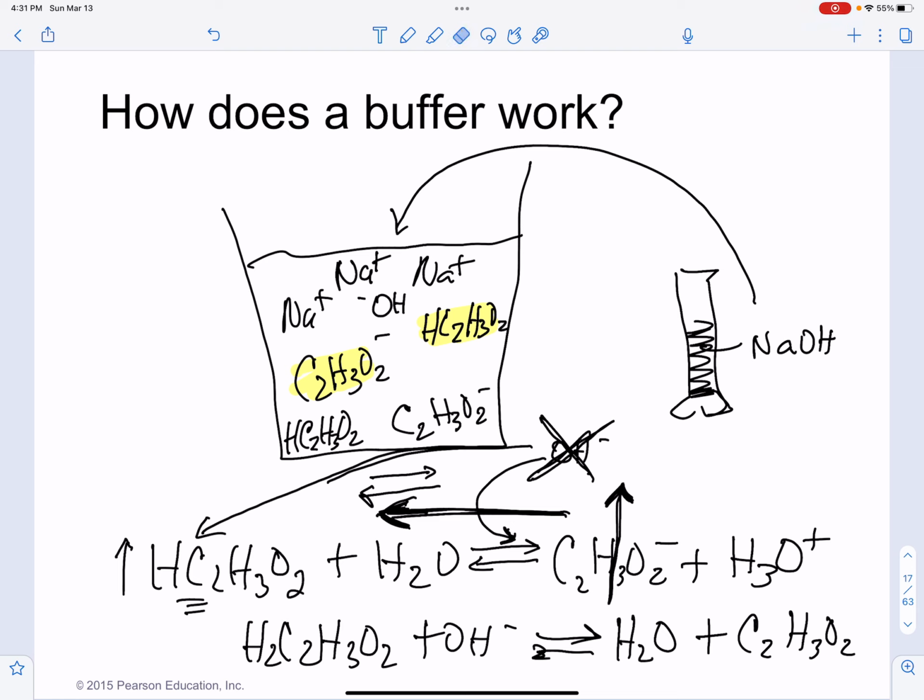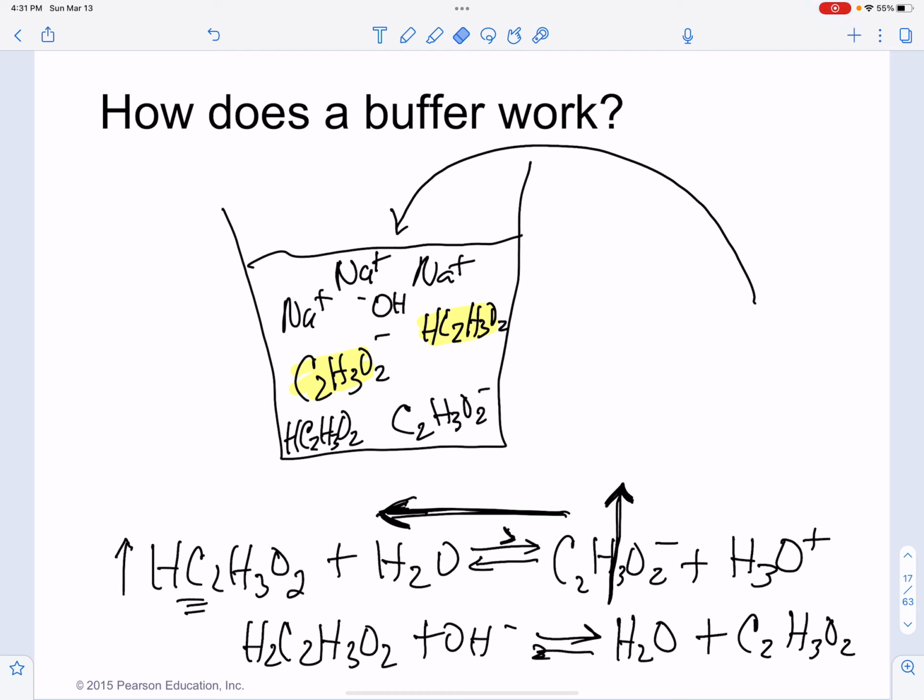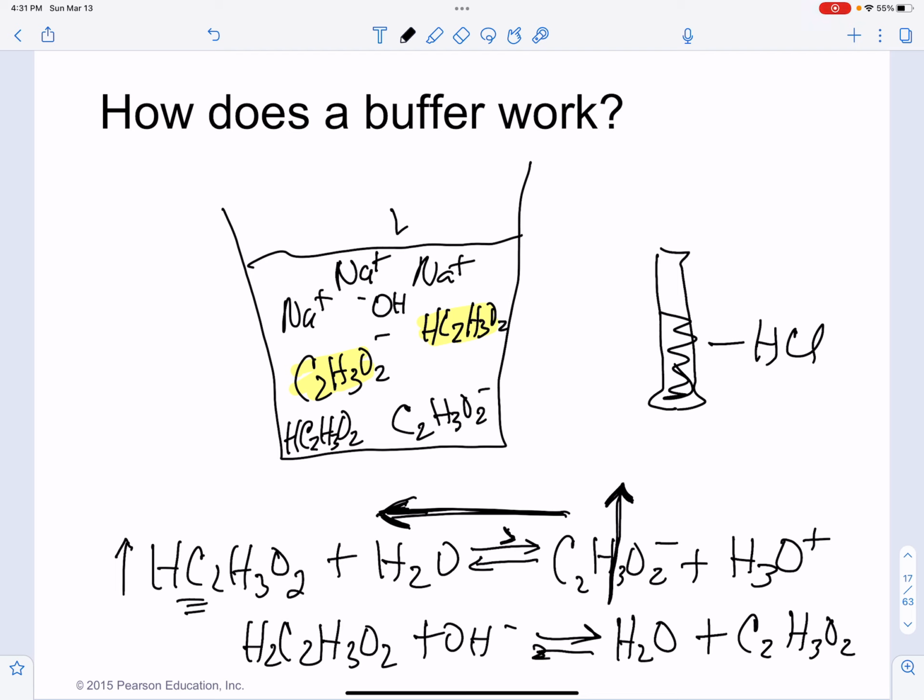What about if I do something different? What about if, instead of sodium hydroxide, I add hydrochloric acid? So now, when I add the hydrochloric acid, the HCl is going to react with the water, producing that, because water is a base, right?